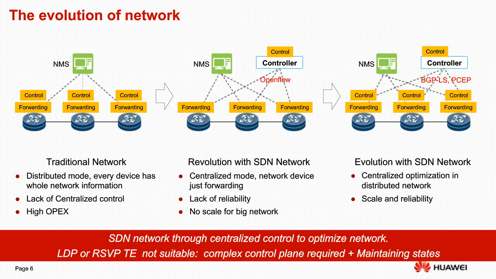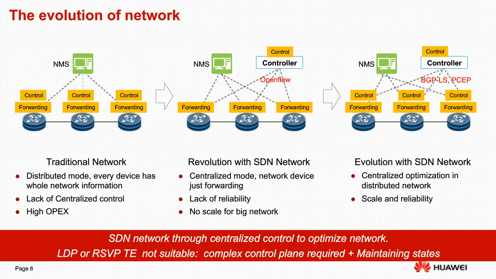So based on this problem, the controller keeps evolving. The controller is changed to a new style. Some control functions go back to the forwarding devices, and the controller just executes some automation, like optimization and fault recovery.